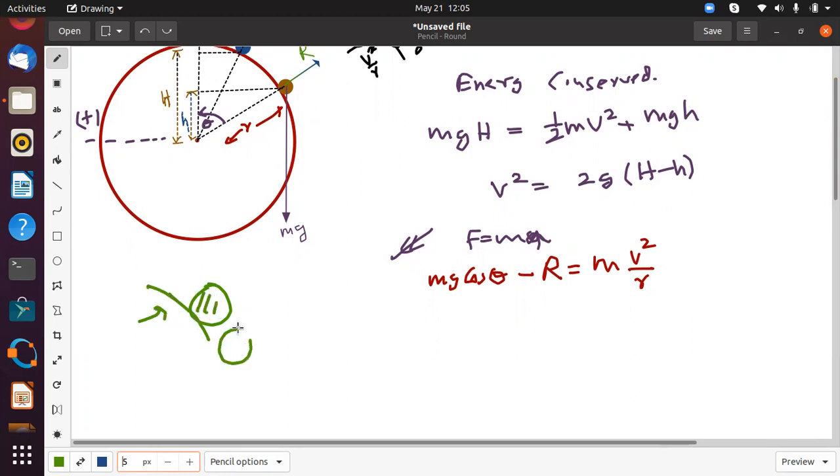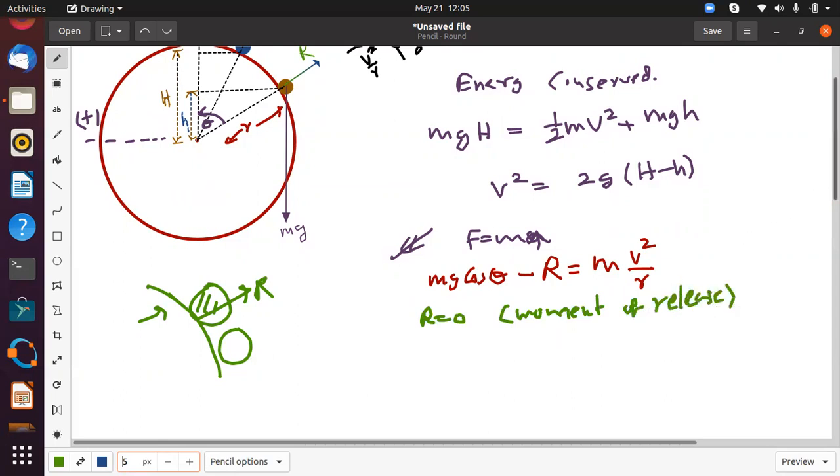When it leaves, the contact is lost. When contact is lost, there shouldn't be any contact forces or normal reactions. That means at the moment of release, R should be equal to 0.